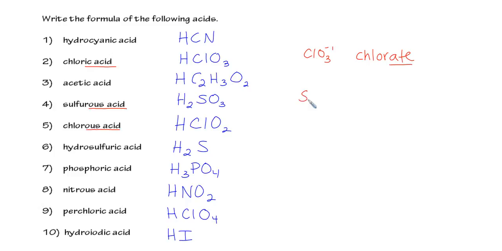So this guy, SO3 minus 2, that was sulfite. One more oxygen, sulfate, would have been sulfuric acid, the most common, most stable, SO4 minus 2. But when I see the ending turn to OUS acid, sulfurous acid, that's when I know that it was the ITE version of the polyatomic.